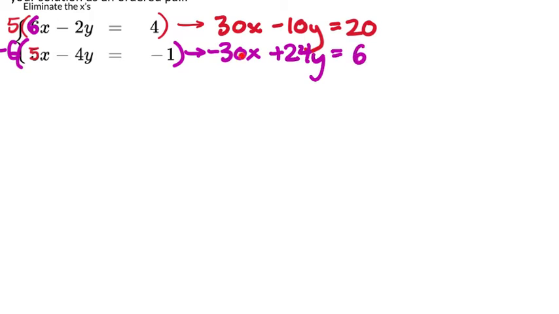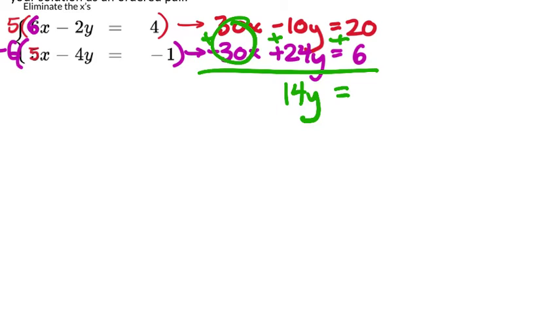And now, just like we showed, the x's are opposites, so I'm ready now to start combining all the like terms here, okay? So 30x's minus 30x's, that zeroes out just as planned. The y value is -10y's plus 24y's, which would be positive 14y's. And then 20 plus 6, that should give us 26.